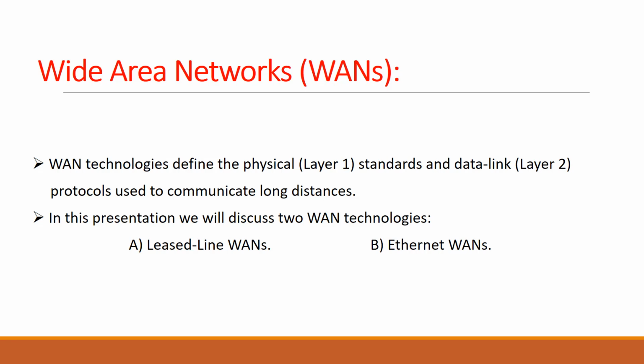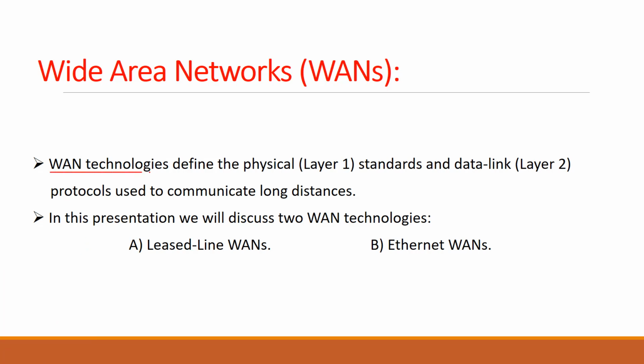We defined LANs and WANs in the first video: LANs, local area networks, are networks between nearby devices, and wide area networks or WANs are networks between devices that are far apart. So let me bring the highlighter or the pen.